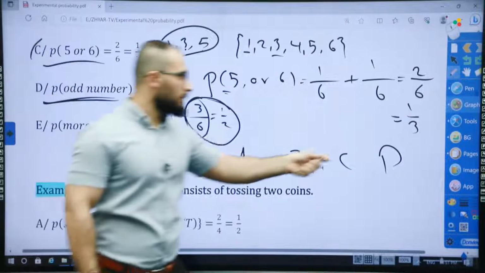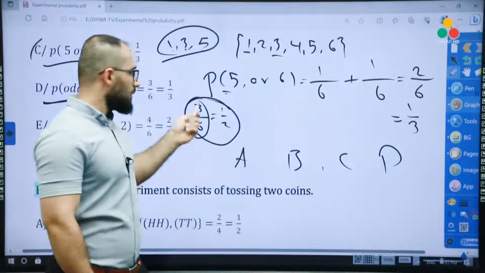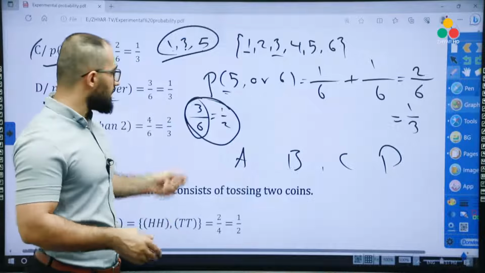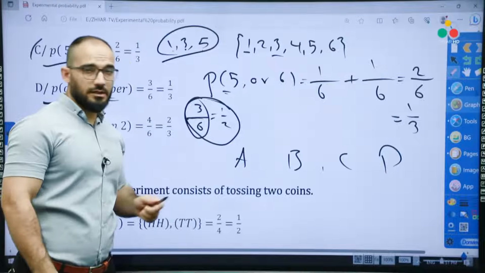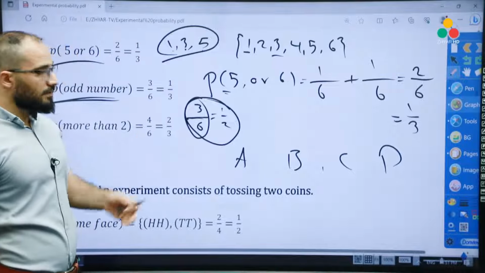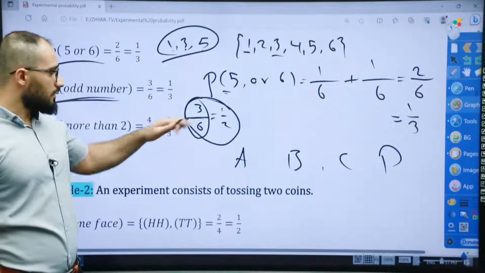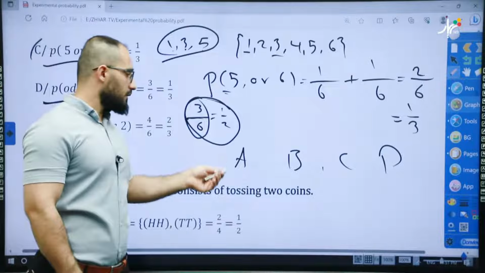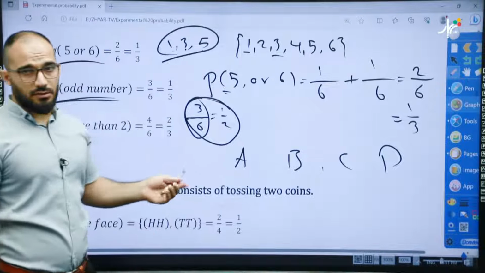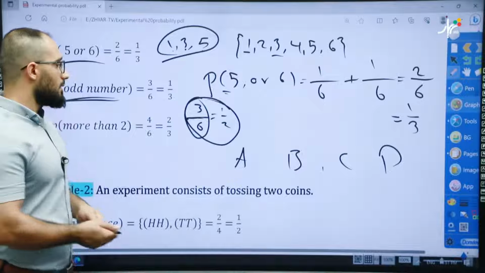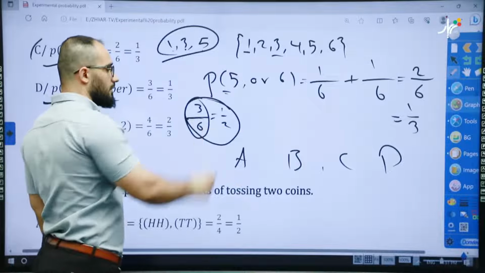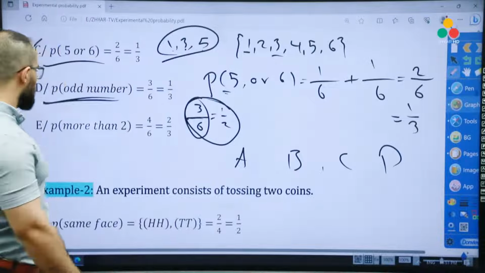When you find the result, for example, 2 over 6, 3 over 6, 4 over 6, if the fraction can be simplified, you have to simplify, then choose the correct answer. Here, if you check the answers in the question, you cannot find 3 over 6. That's why you have to simplify it, then it's going to be 1 over 2.